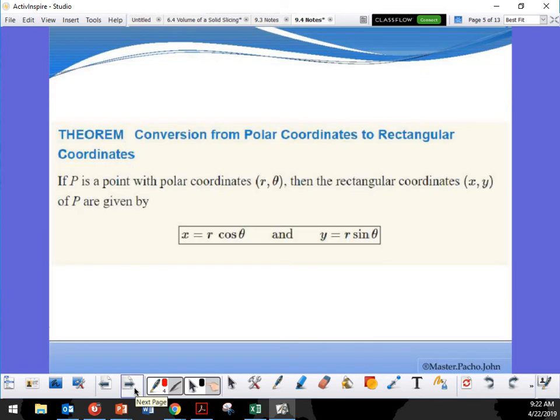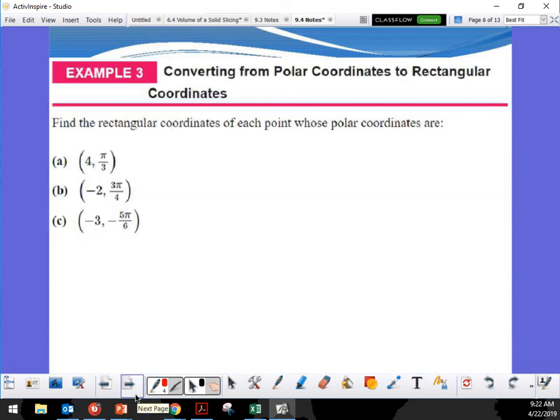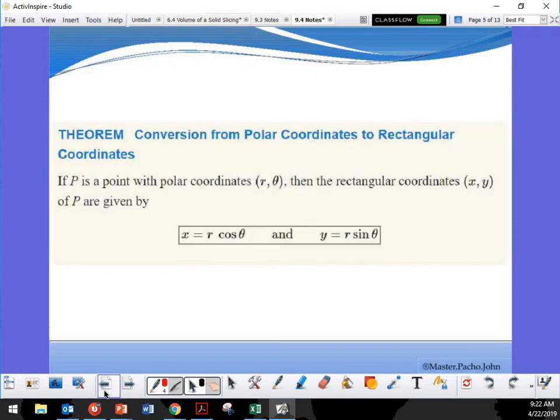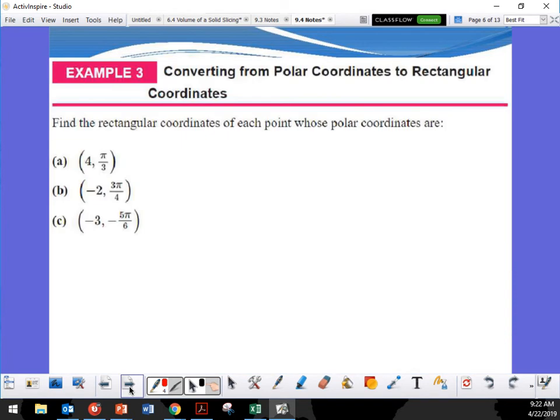Polar coordinates to rectangular: P is a point with polar coordinates r, theta. Rectangular coordinates x, y of P are given by x equals r cosine theta, y equals r sine theta. All right, so let's go ahead. We're going to turn these into rectangular. The x value is r cosine, y value is r sine.